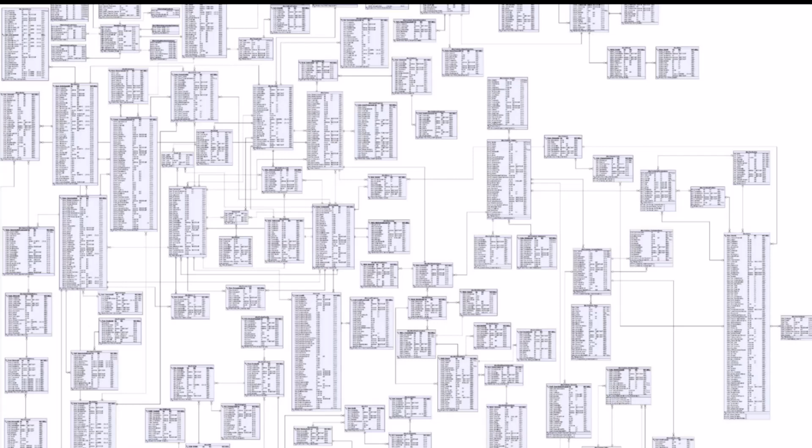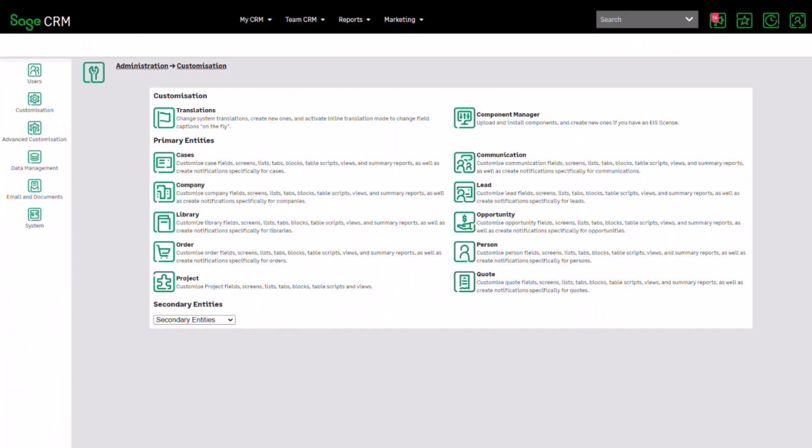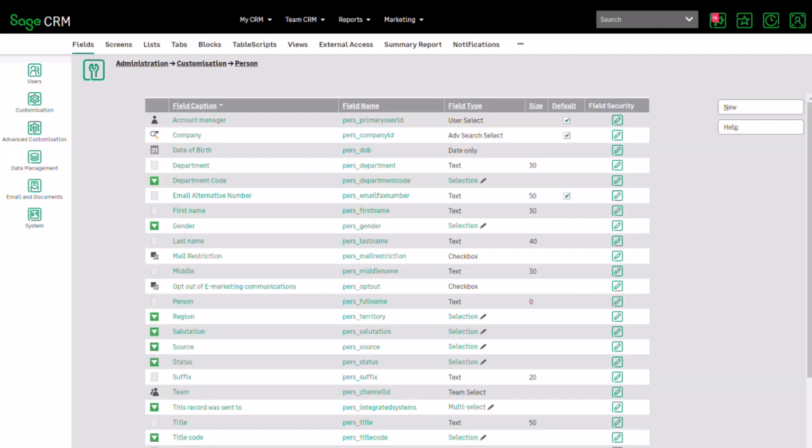Now, a lot of the work that we're doing in the later lessons is going to be in and around understanding metadata. You can see that I've come in here, and I'm looking at a screen inside the system administration screens. I'm looking at the customization area, and I happen to want to go down and look at, say, the person screen. Well, I can come into the person area. I happen to be looking at the fields here.